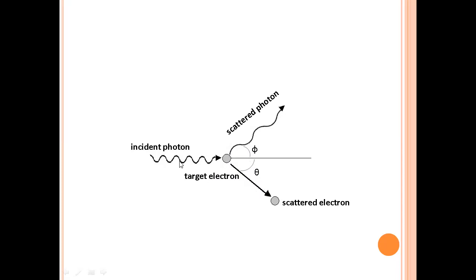This is the unmodified photon, whose frequency does not change, and this is a modified radiation with changed wavelength, and the wavelength of modified radiation is greater than the wavelength of unmodified radiation.